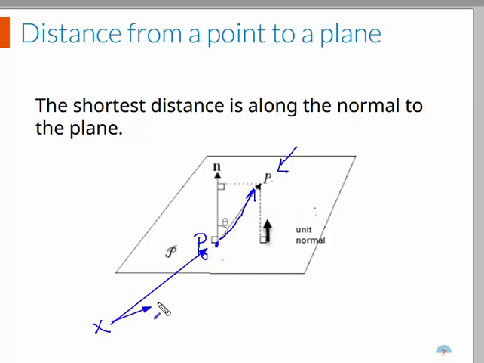Same point, we draw a vector up to P. So we have those two vectors, we subtract them. So if I call this one A, and I'll call this one B, then the vector we're looking at right here is going to be B minus A, or we could do it the other way.